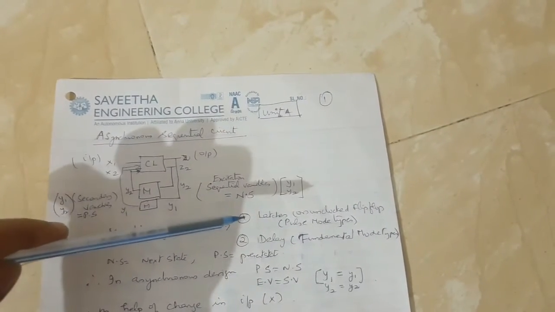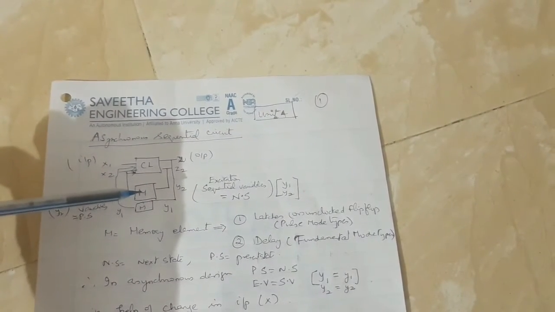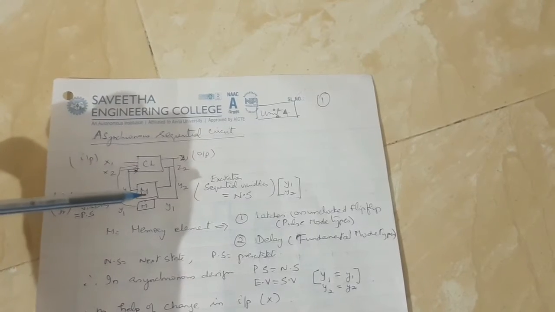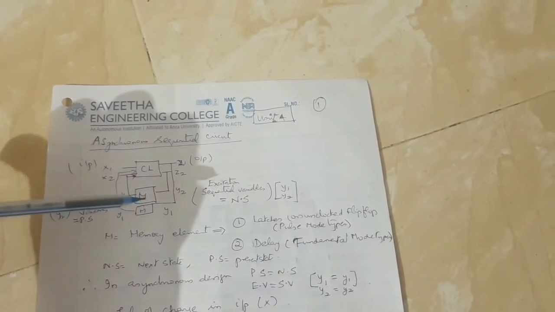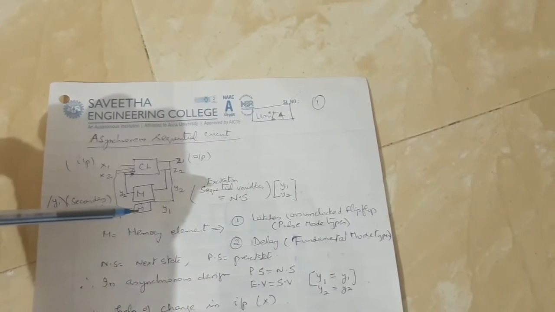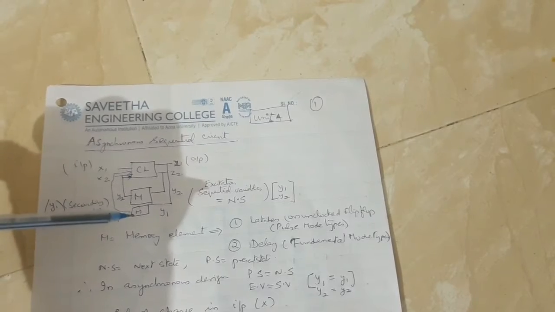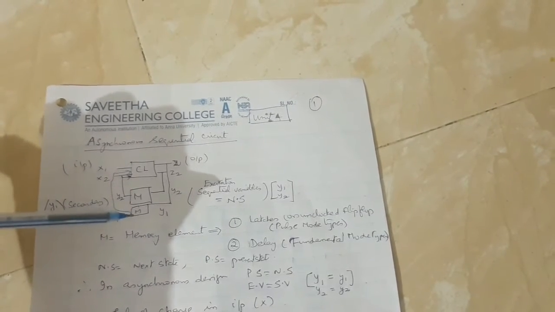If it uses a latch as the memory element in this feedback network, we call the circuit a pulse mode type asynchronous circuit. If it uses a delay element, which is nothing but a direct connection between output and input, we call that type fundamental mode type.